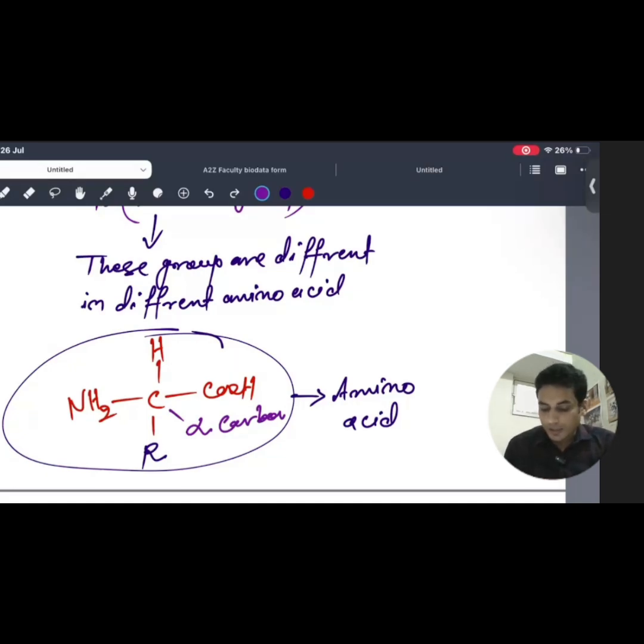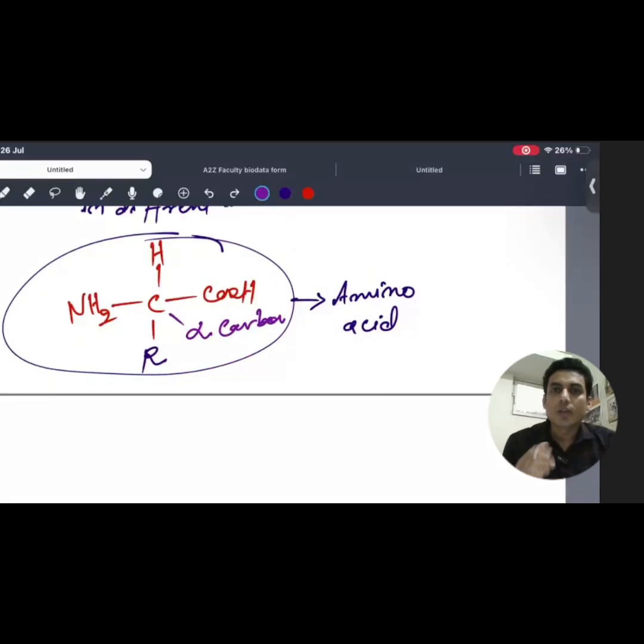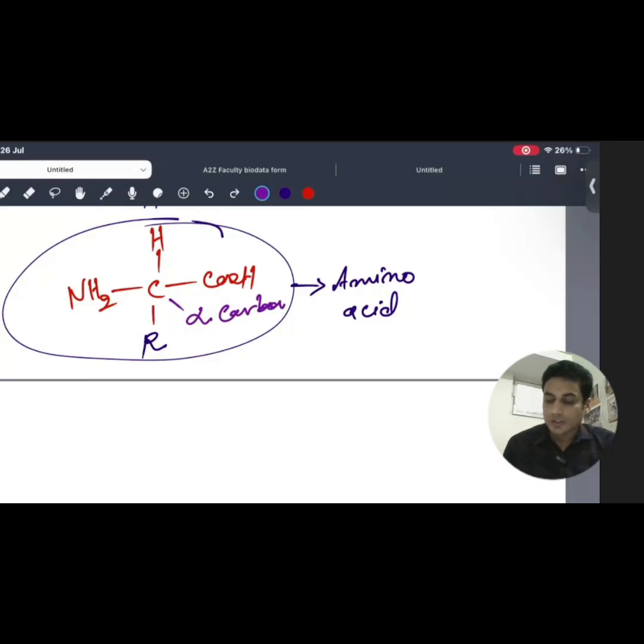Then the alpha carbon is bonded to four different groups, so you can say this is the chiral center. If an alpha carbon is bonded to four different groups, it is known as a chiral center. Amino acid is a chiral molecule.